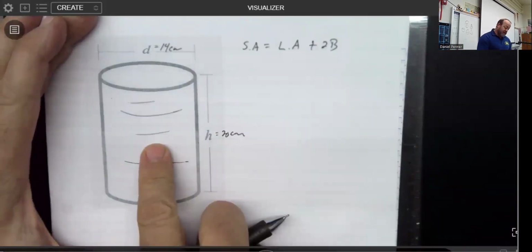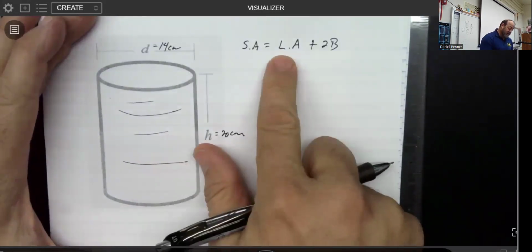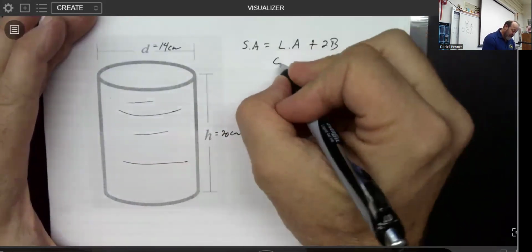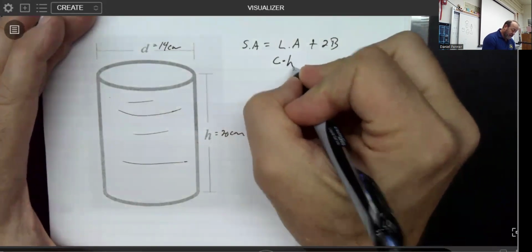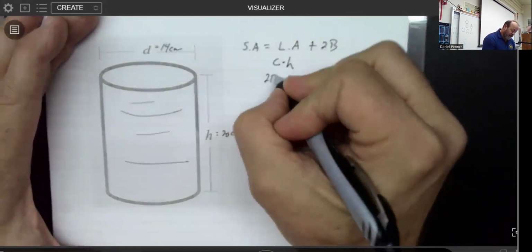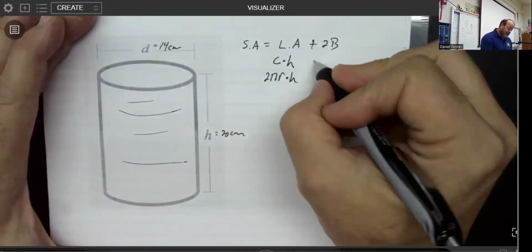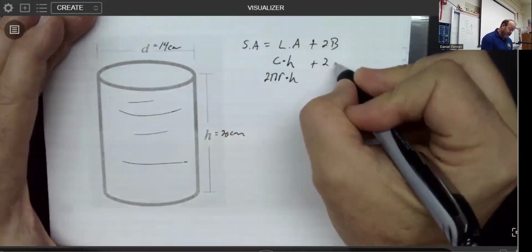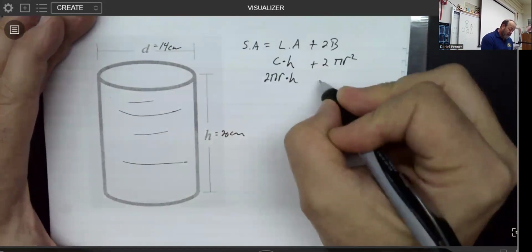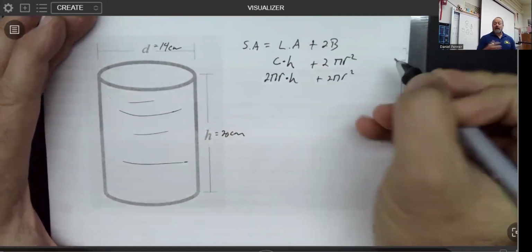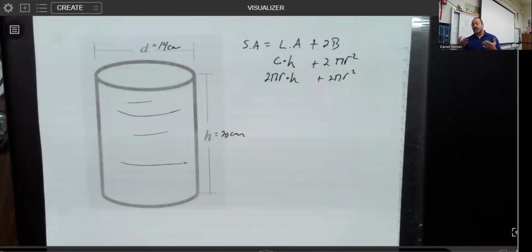So as previously stated, the lateral area is going to be the circumference times the height. Remember, circumference is 2 pi r. And remember, the base is a circle, and a circle is pi r squared. So this is sort of the magic formula we use for the surface area of a cylinder.